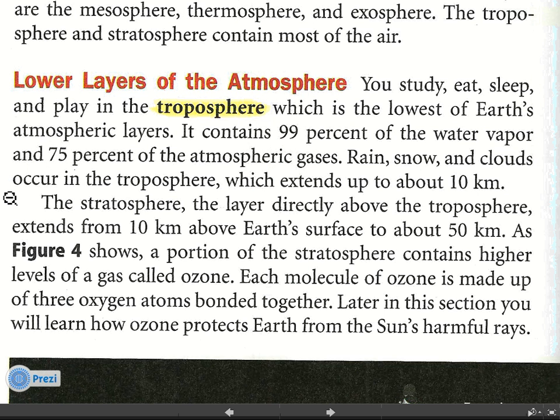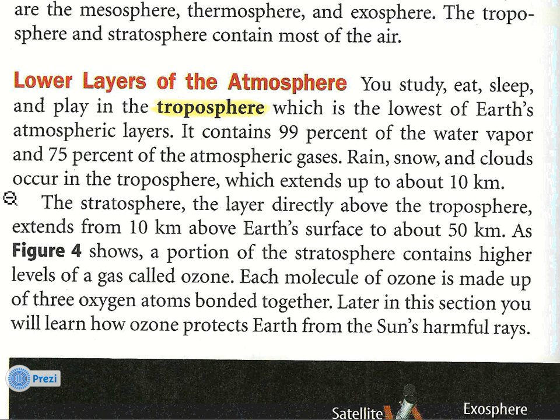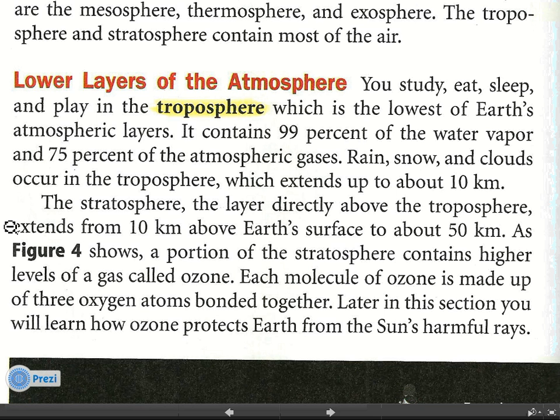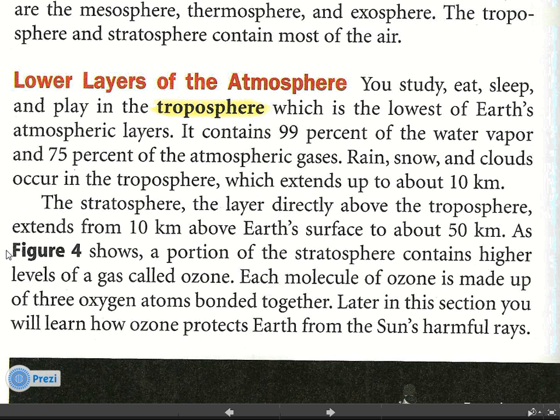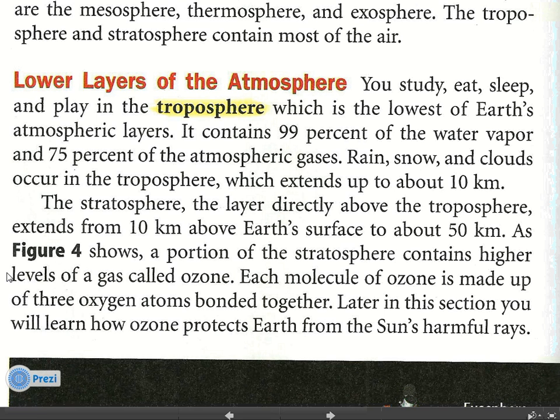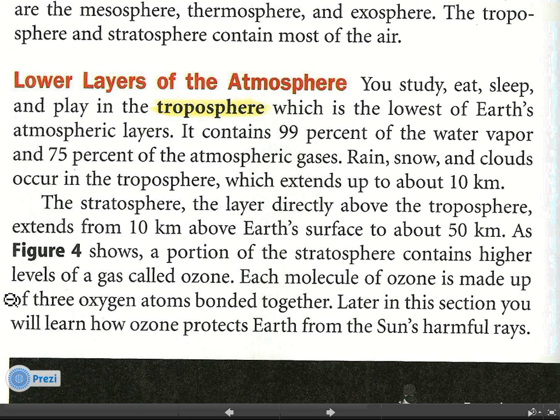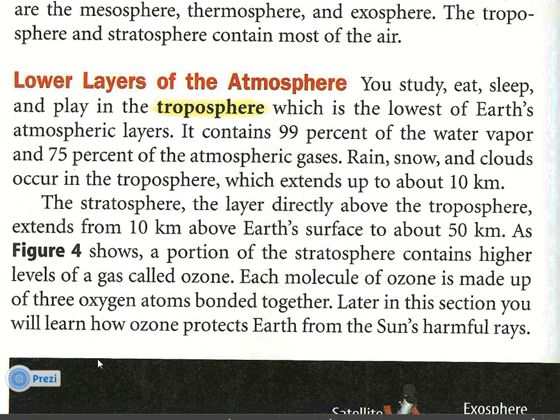The stratosphere, the layer directly above the troposphere, extends from about 10 kilometers above Earth's surface to about 50 kilometers. As Figure 4 shows, a portion of the stratosphere contains higher levels of a gas called ozone. Each molecule of ozone is made up of 3 oxygen atoms bonded together. Later in this section, you will learn how ozone protects Earth from the sun's harmful rays.